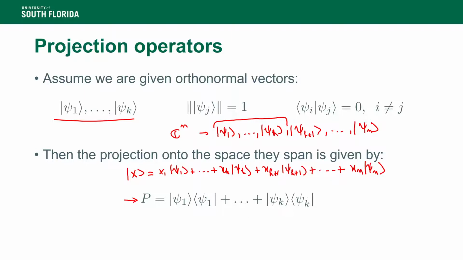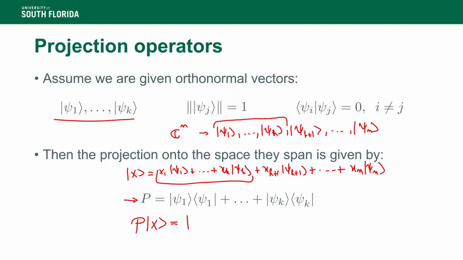And the projection onto the subspace spanned by psi 1 to psi k should be exactly x1 psi 1 through xk psi k. And what do we get when we take P of x with the P defined as we just did?